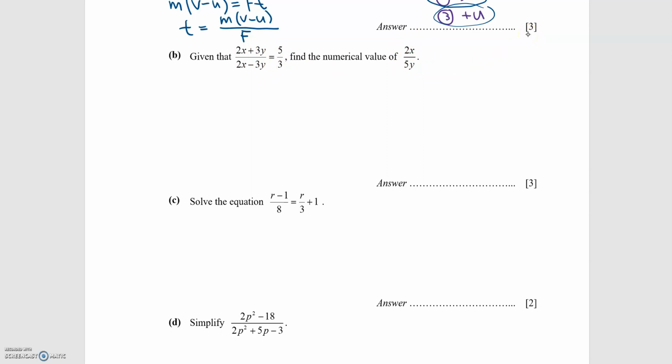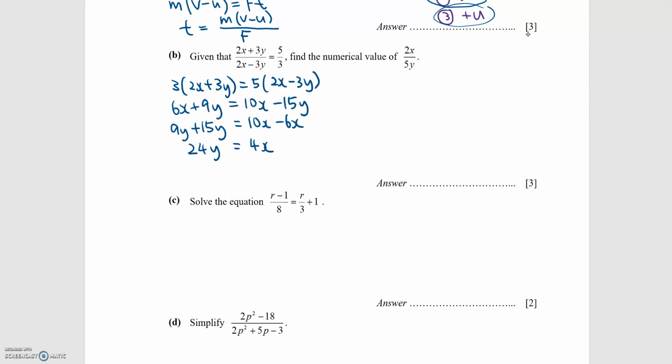So I will do my cross multiplication. Following which I will do my expansion and then simplification. Then I will end up with 24y equals to 4x. Now with this, I can take a look and see what the question wants us to find. They want us to find the numerical value of 2x over 5y.